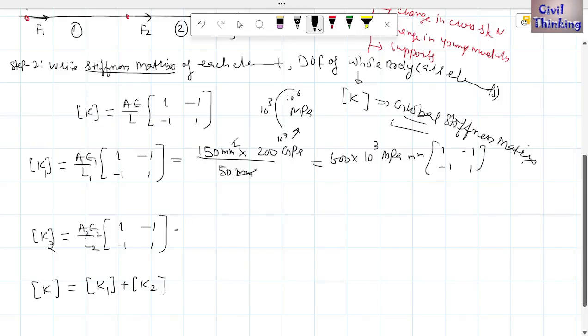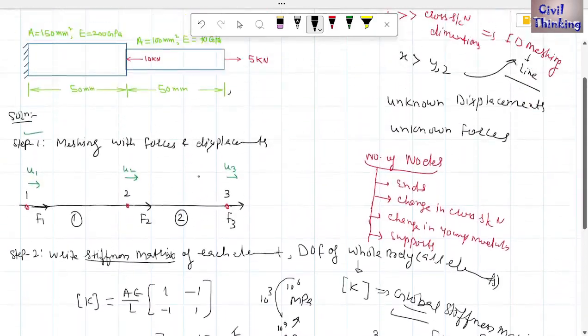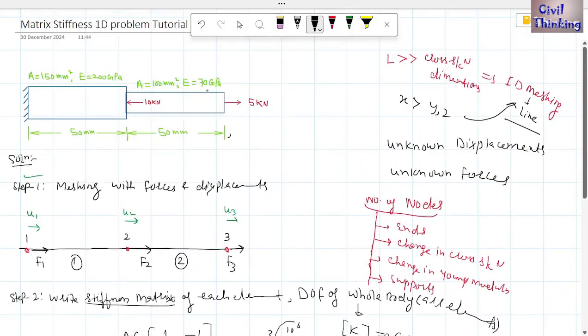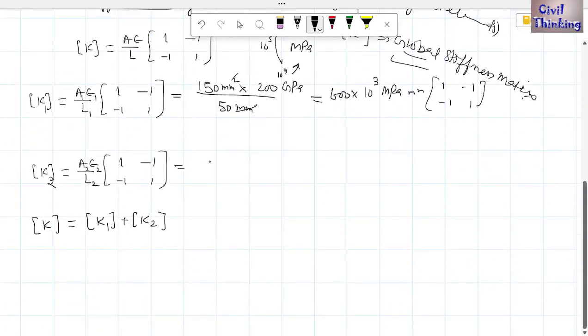Okay, then for this A2 E2 by L2, what is it? A2 is 170 by 50. Okay, 170 by 50. Okay, so I will apply the same rule here. 170 by 50, it is in mm square, it is gigapascal, it is millimeter.